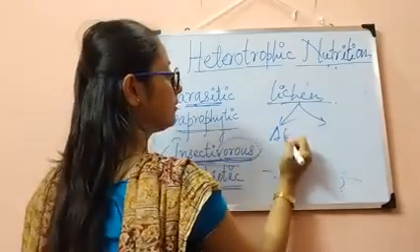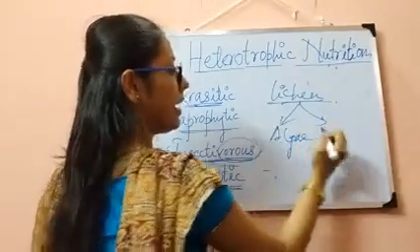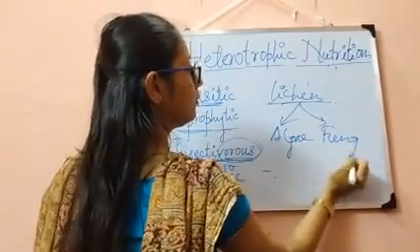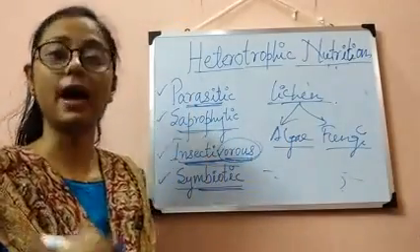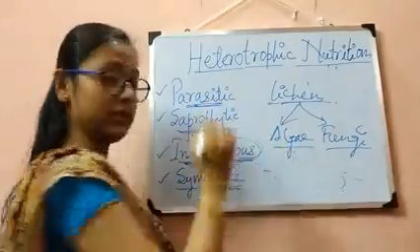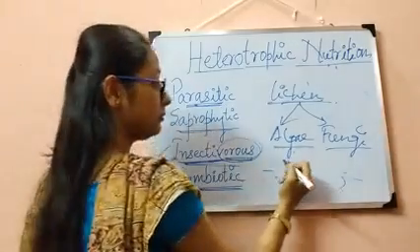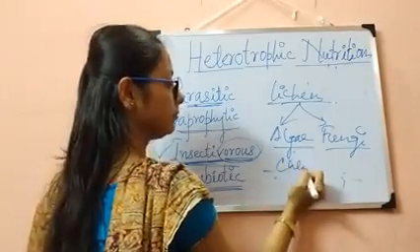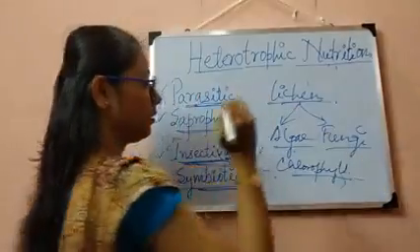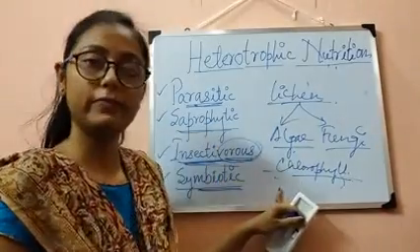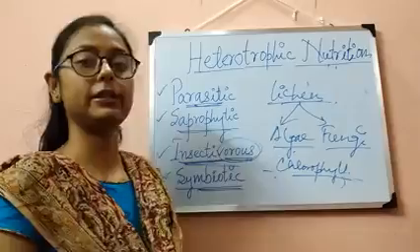One is algae and one is fungi. Algae is a primitive plant. I told you that plants contain chlorophyll. Algae contains chlorophyll. That means algae can produce their food.